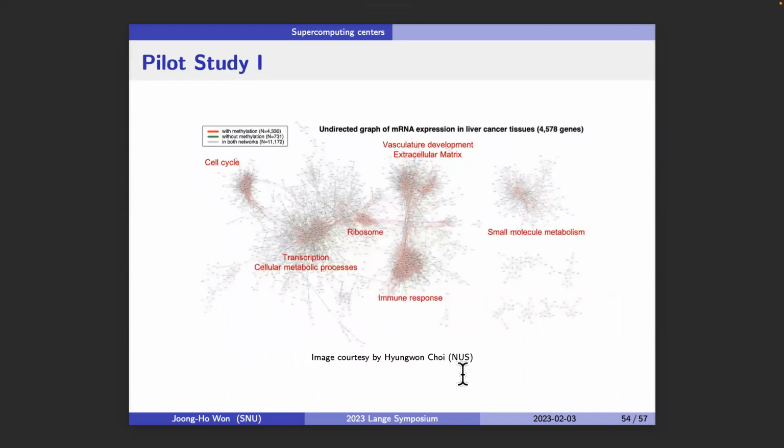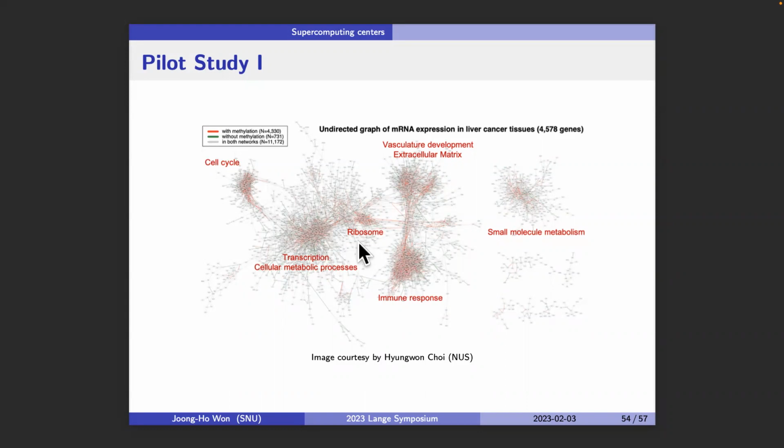And here is the resulting network. Basically, the analysis was conducted by my colleague at NUS, the National University of Singapore. This shows the network of the whole 300,000 variables, including both methylation and RNA. That's shown in gray color. We also did the network analysis with methylation only, which is in red, and without methylation, which is in green.